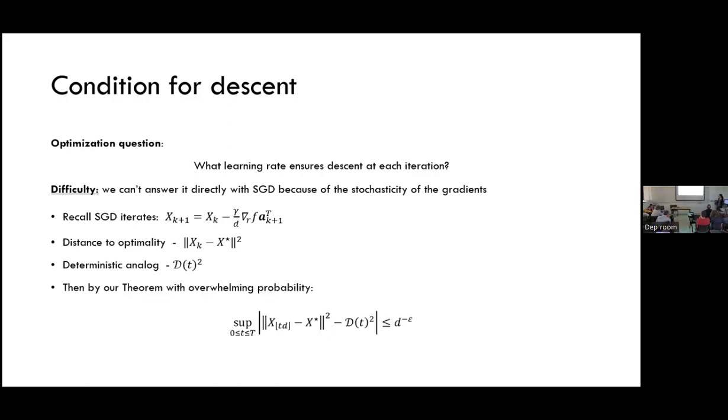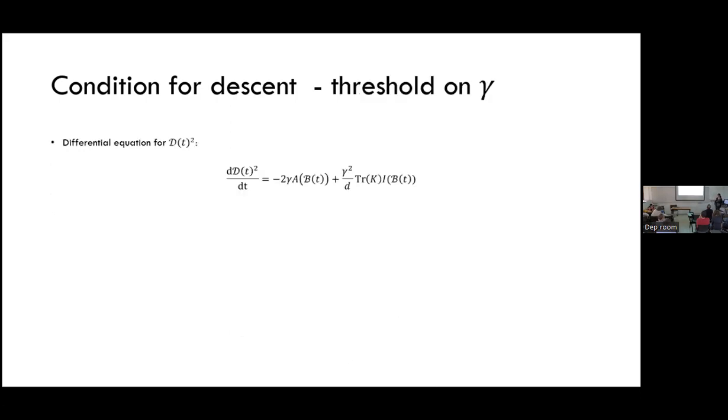So it suffices to look at this deterministic limit now, and I'm just translating the question. Instead of looking at what the learning rate is for the descent, I'm looking at what the learning rate is for which my deterministic distance will decrease. And I have actually a precise formula for that.